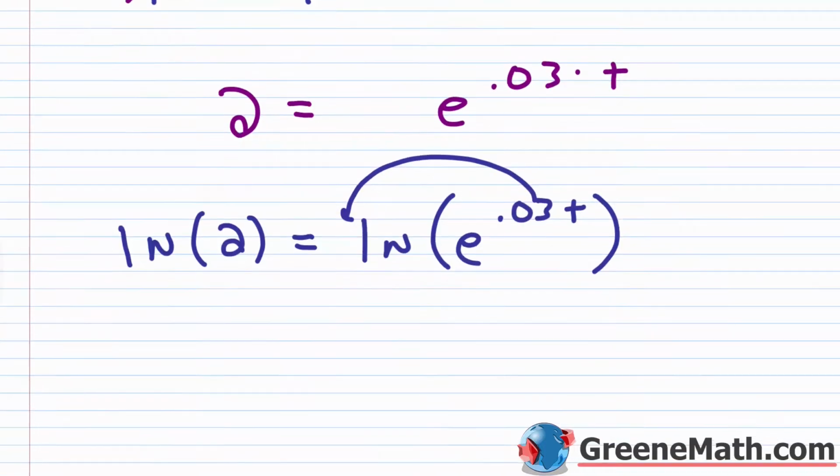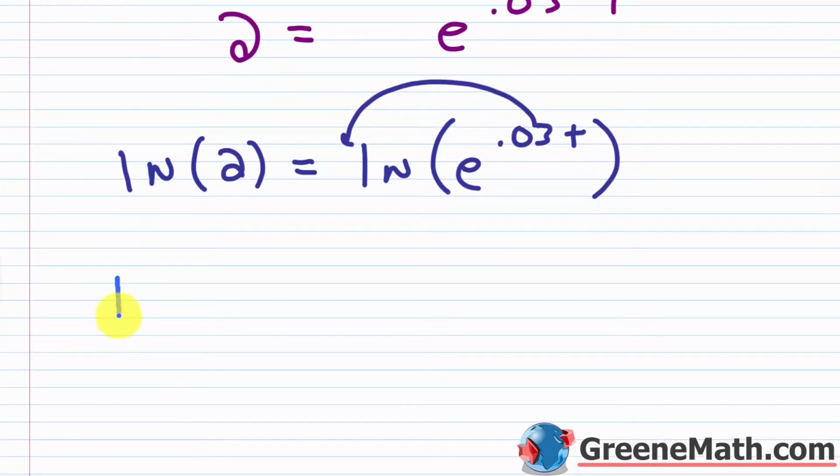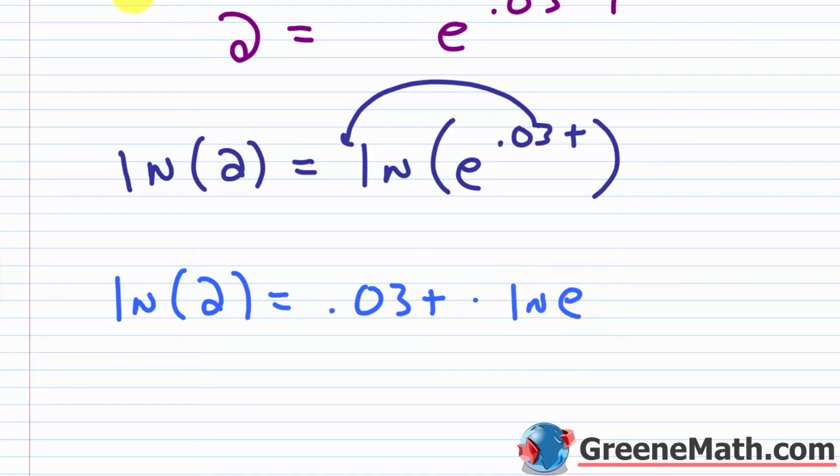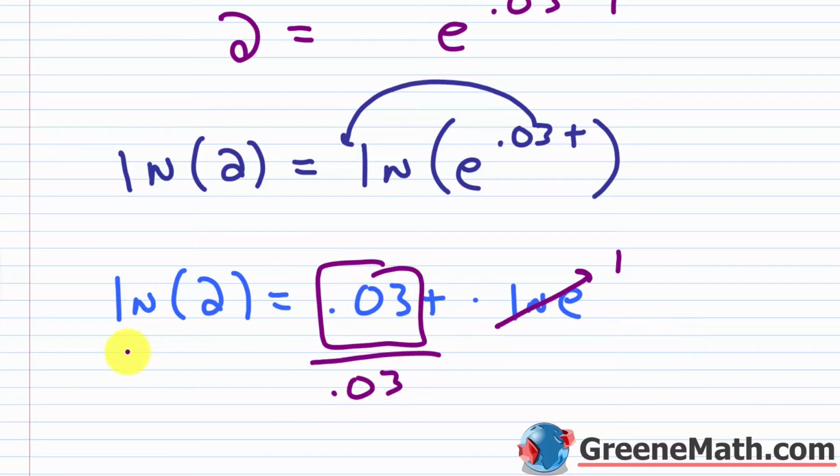We have the natural log of 2 is equal to my 0.03 times t, and then times the natural log of e. We know that this guy is 1. Okay, so that's going to cancel. So what I have now is that t is going to be equal to what? Well, this is multiplying t, so I just divide both sides by 0.03, and I am done.